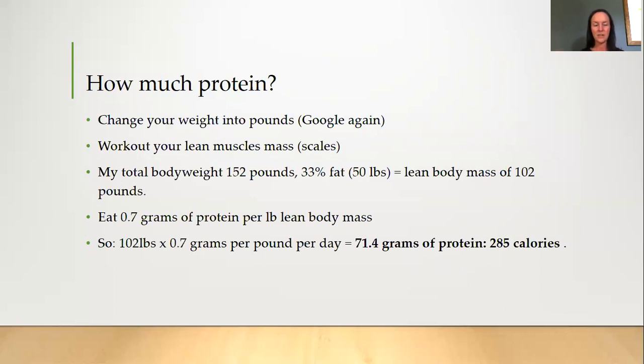But anyway, moving on. For me, it's 102 pounds times 0.7 grams. So now I know that I need to eat 71 grams of protein per day. And let me tell you, that's quite a lot of meat, which is great because yummy. That's 285 calories per day for me from protein.